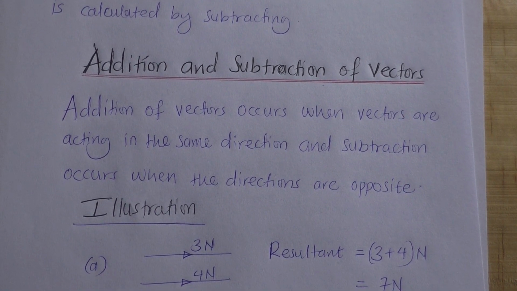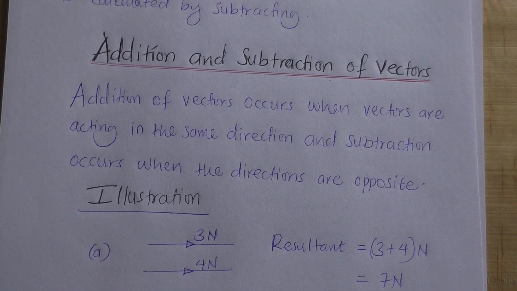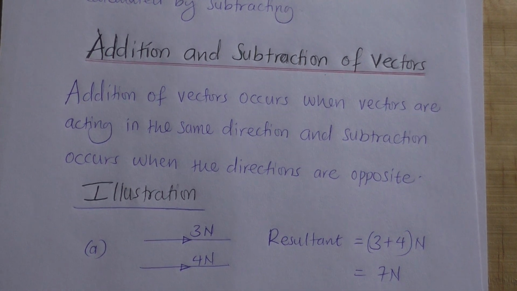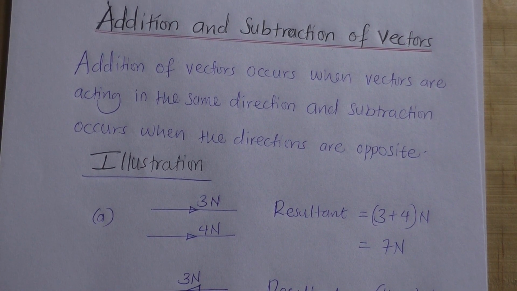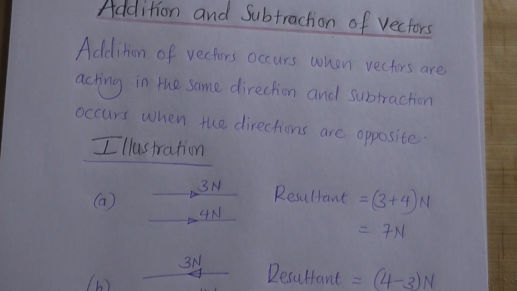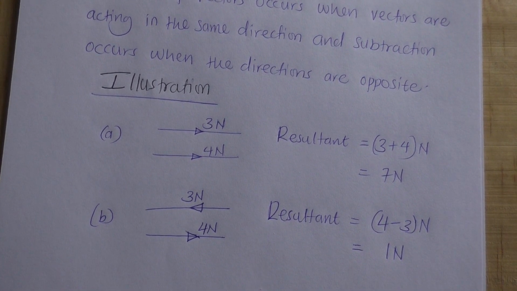Addition of vectors occurs when the vectors are acting in the same direction, and subtraction occurs when the vectors are acting in opposite directions. We have some illustrations to show that.